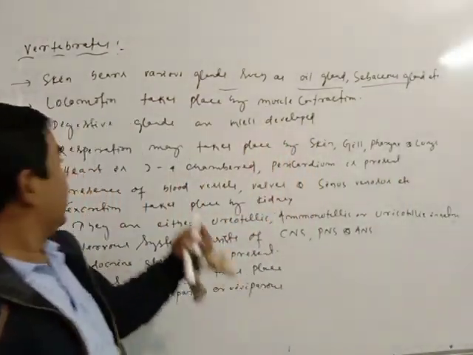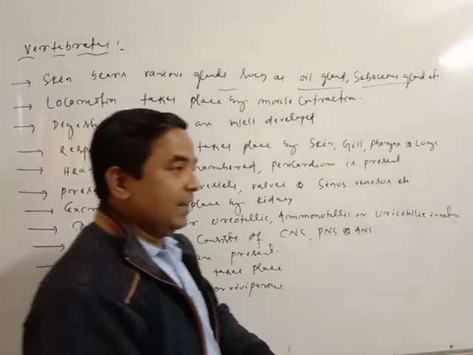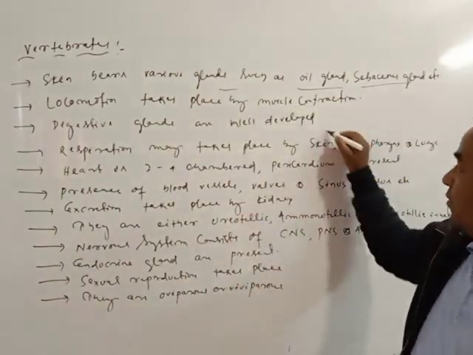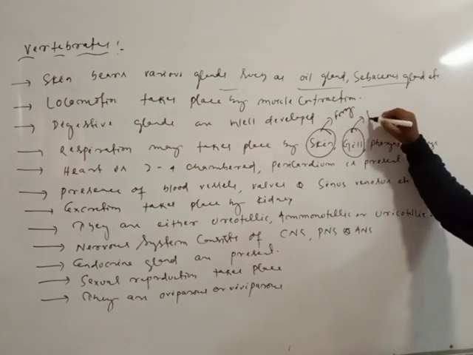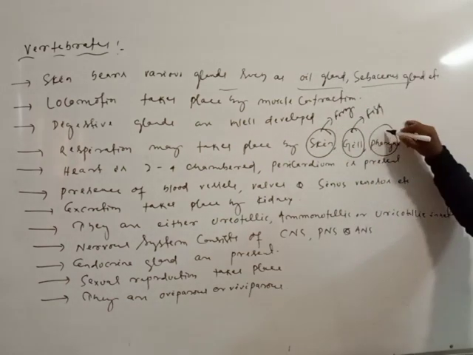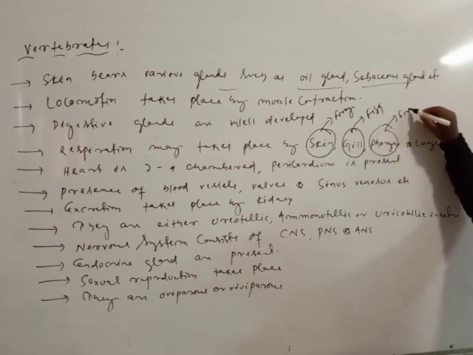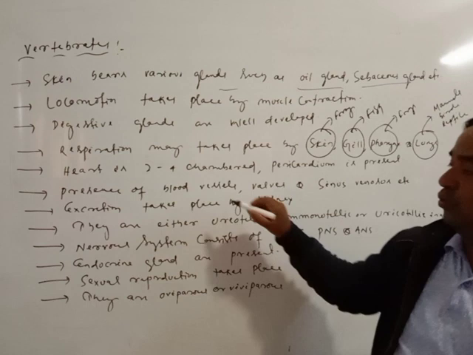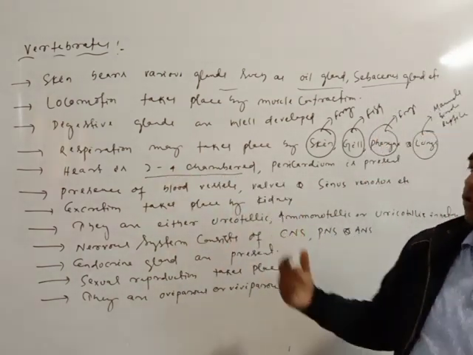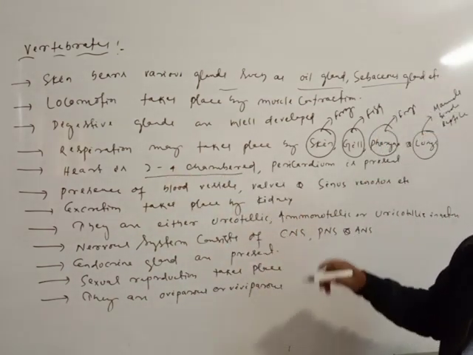Next, respiration may take place by skin, for example frog; gills, fish; pharynx, frogs; lungs, mammals, birds, reptiles, etc. Heart is 2 to 4 chamber, so either 2 chamber or 3 chamber or 4 chamber.